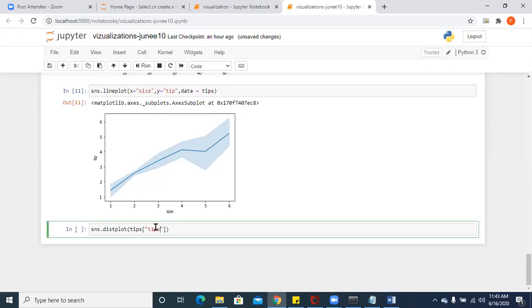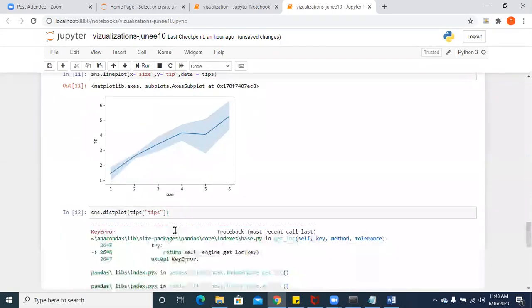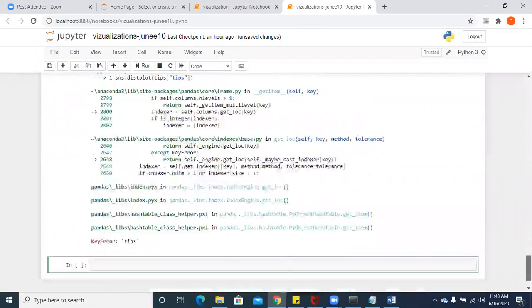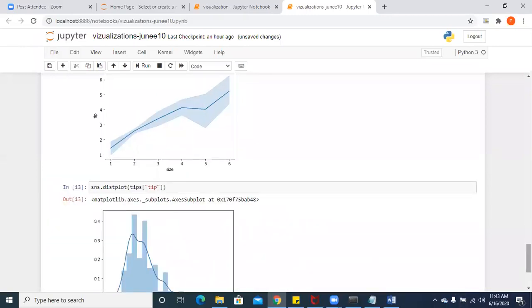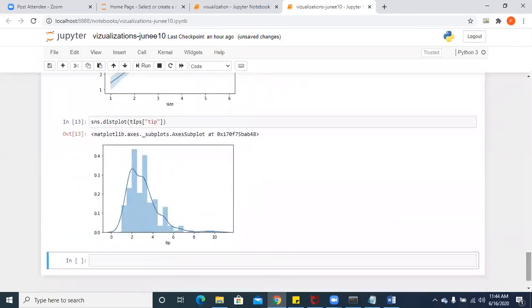So here I want to see the distribution of tips over all the data. Tips of tip, not tips, because I have only the tip column. Now if you see, it's showing the distribution of the data.